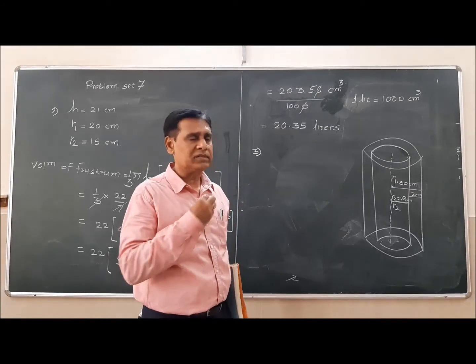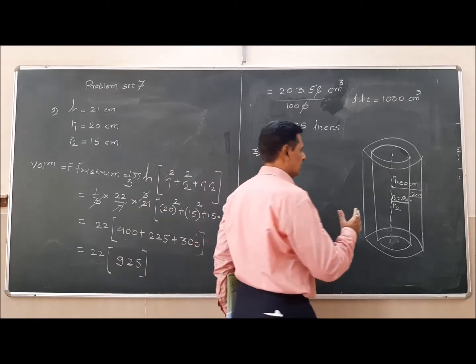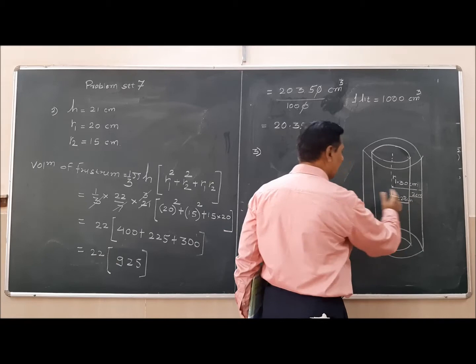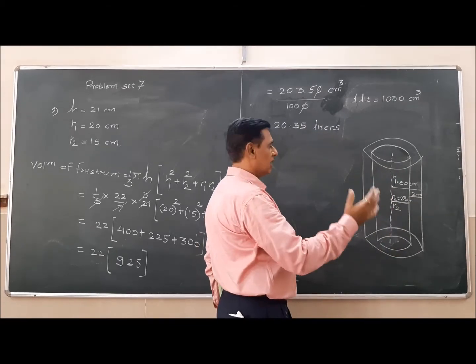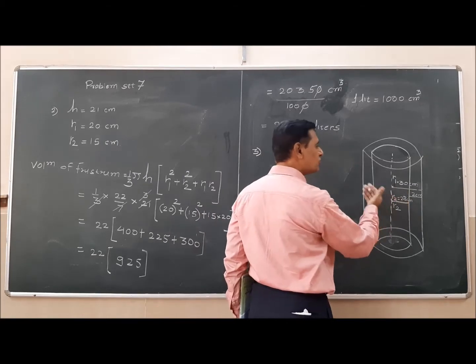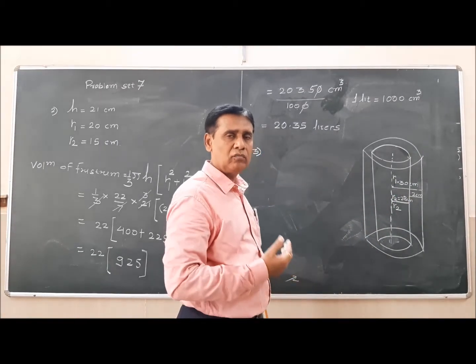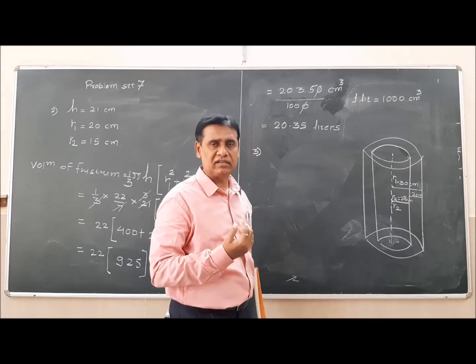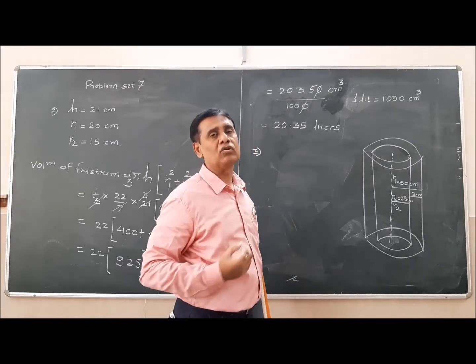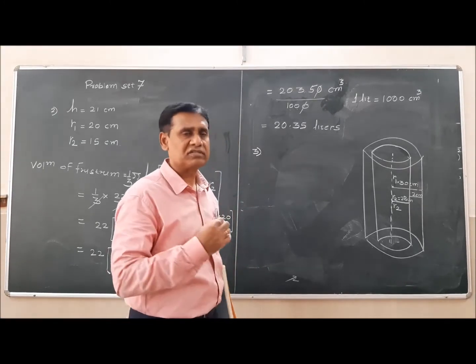And how will we obtain it? We obtain it if we calculate the volume of the outer cylinder minus the volume of this hollow cylinder. Whatever the difference between the volume of the outer cylinder and the inner cylinder, that will be the volume of material. This is a very important concept in this question to understand.